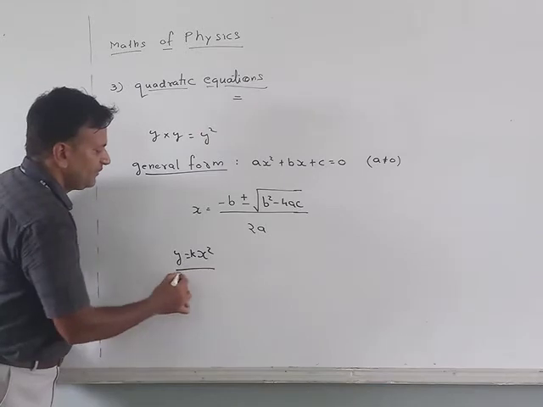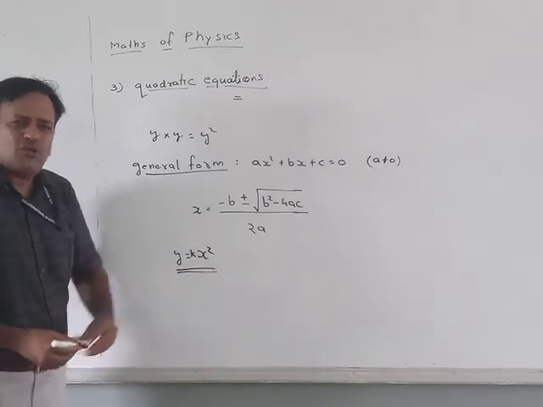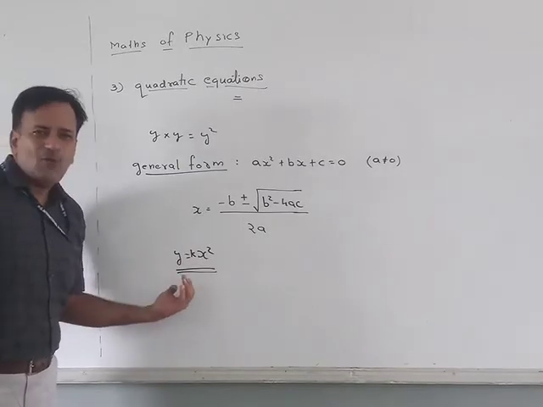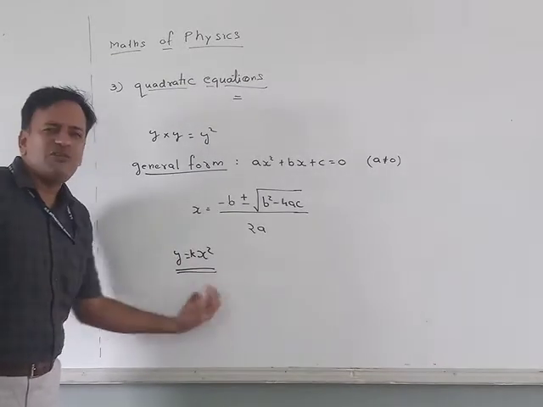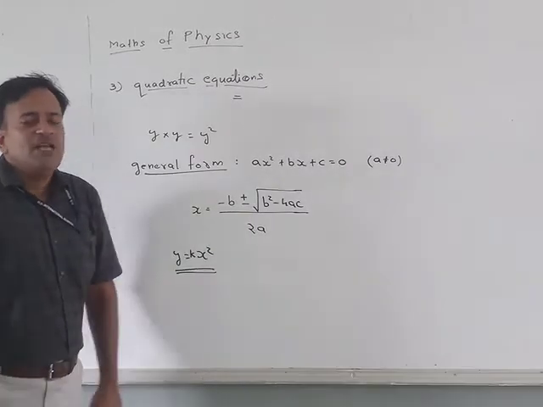This is the simplest form of quadratic equation. What are the roots of this equation? There are no well-defined roots. Any solution can be a root of this, and there can be many solutions, I mean to say.